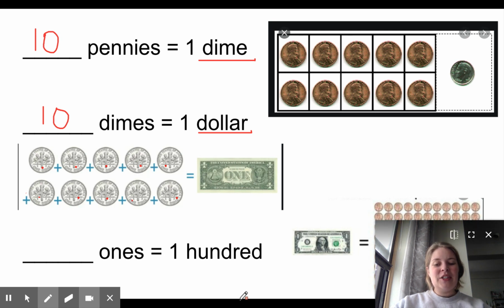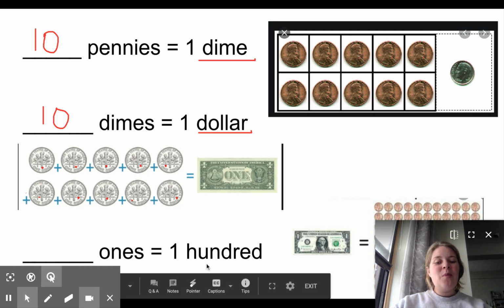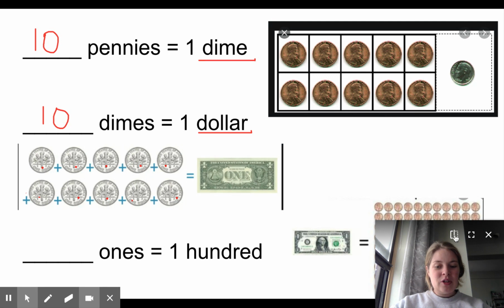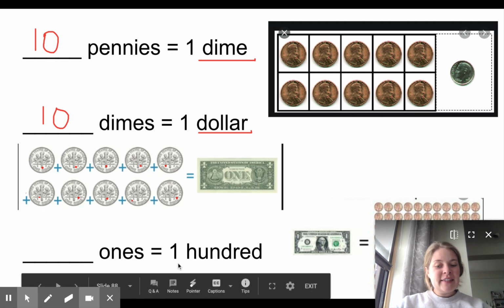Now we're going to talk about how many ones equals 100 again. But this time, we're going to be thinking about the ones being pennies. So how many pennies would equal $1?